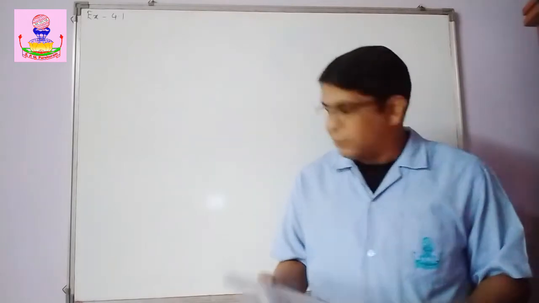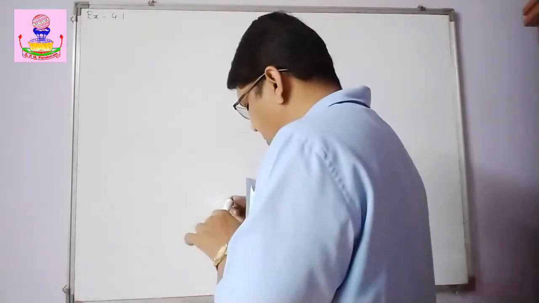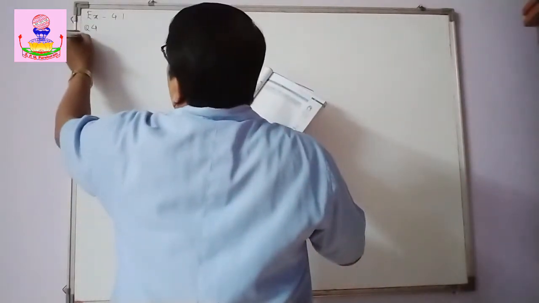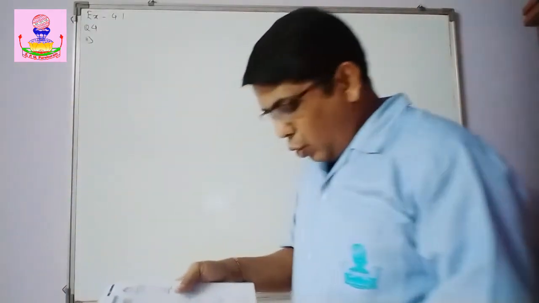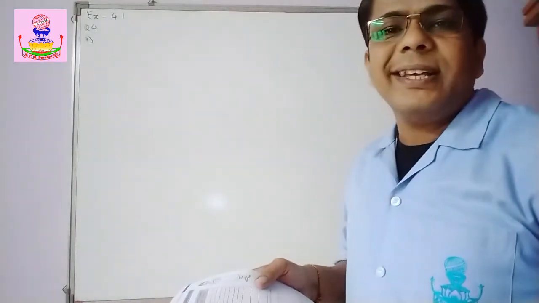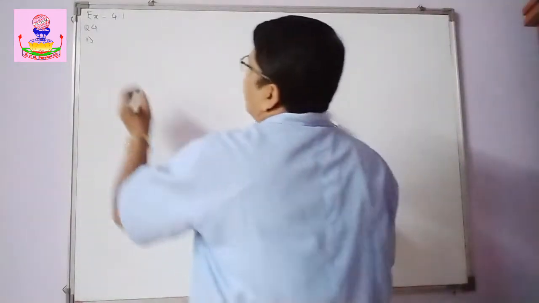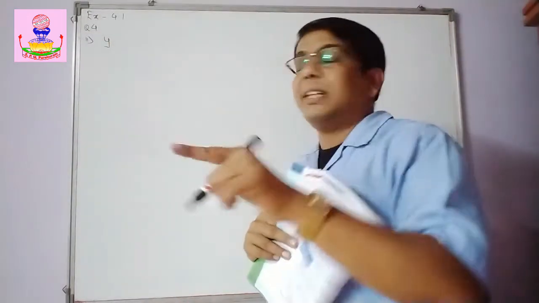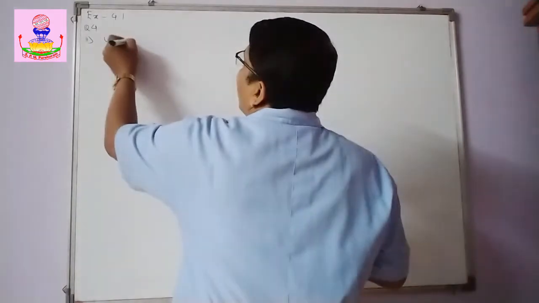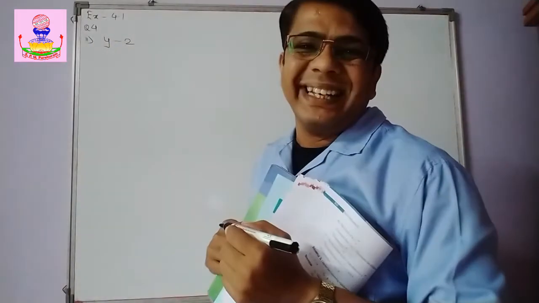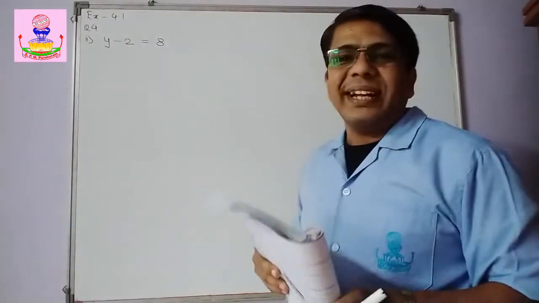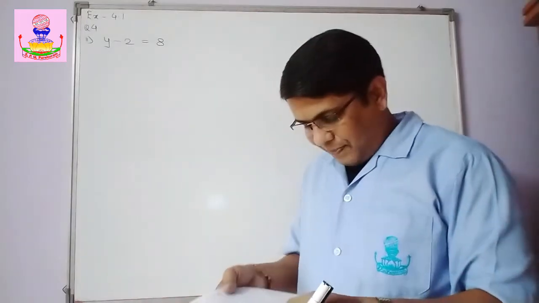I am solving the second one, question 4 second. 2 subtracted from y is 8. y is a number, and 2 is subtracted from y, so y minus 2. 2 subtracted from y is 8. Is means equal to 8. So that is the equation.